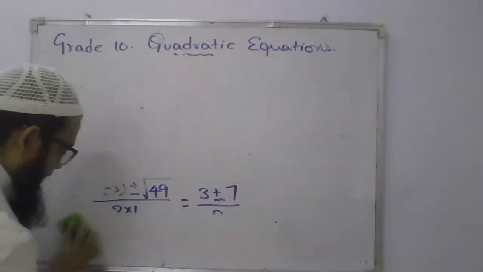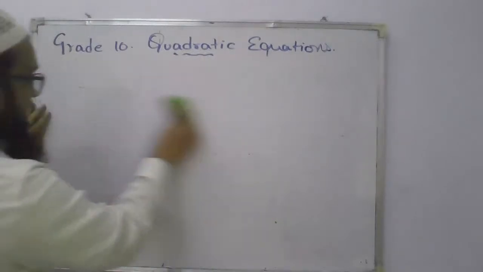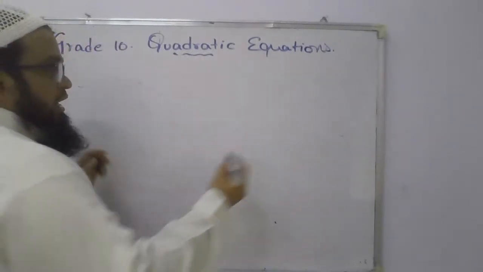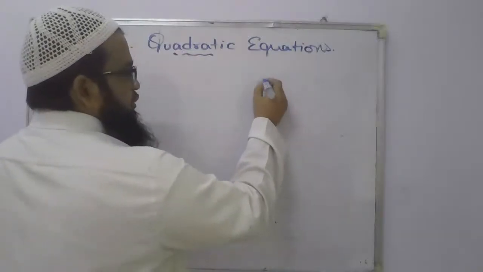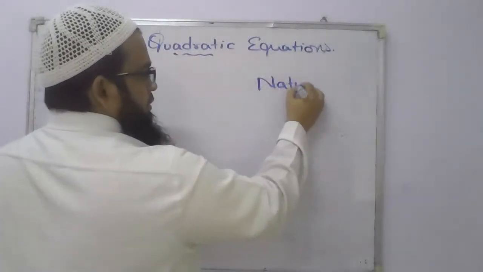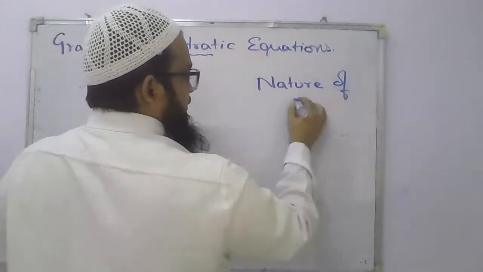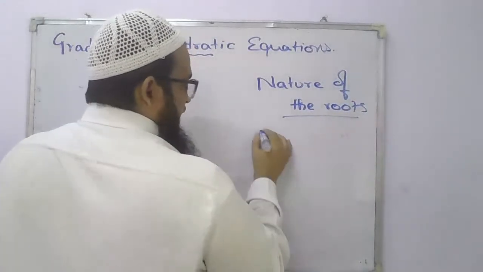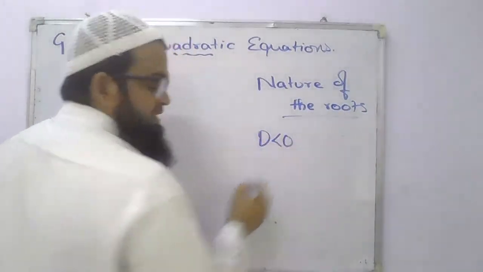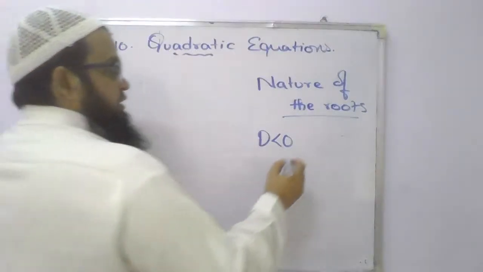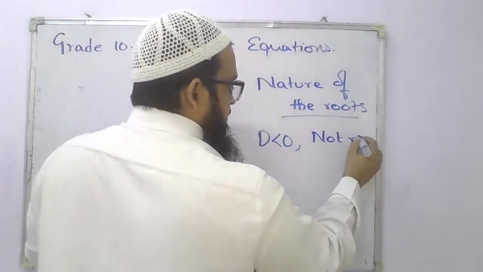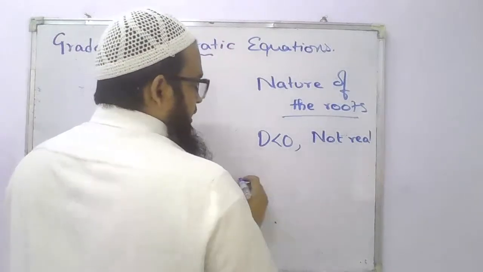See, actually, these concepts are very easy. Okay, and since we have discussed the nature of the roots just now, let me write it. Nature of the roots. If the discriminant is less than 0, that means negative, then the roots are not real. Understood?